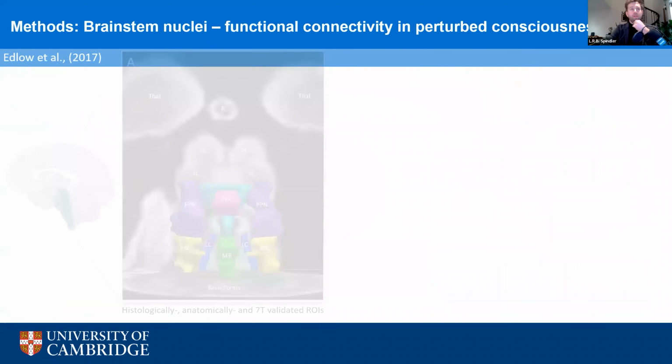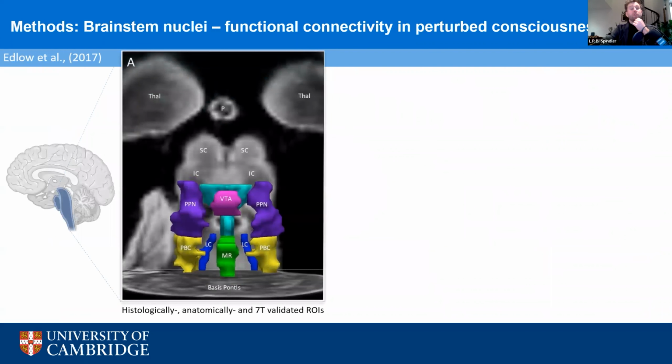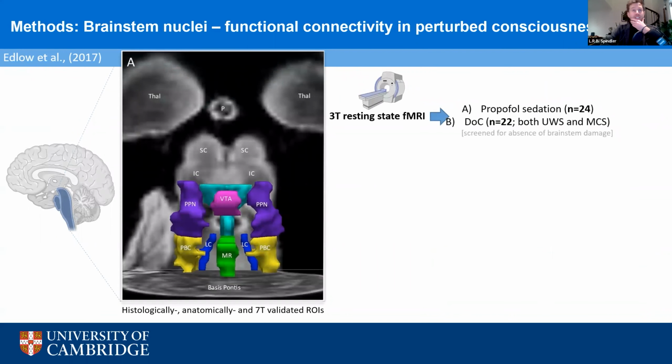And the way that we approached this was to perform functional connectivity analysis of the VTA in one cohort of participants undergoing stepwise propofol sedation and another cohort of 22 disorders of consciousness patients. And both datasets had been screened for the absence of any brainstem damage so that we could get to an idea of whether there is a functional impairment universal to the two.